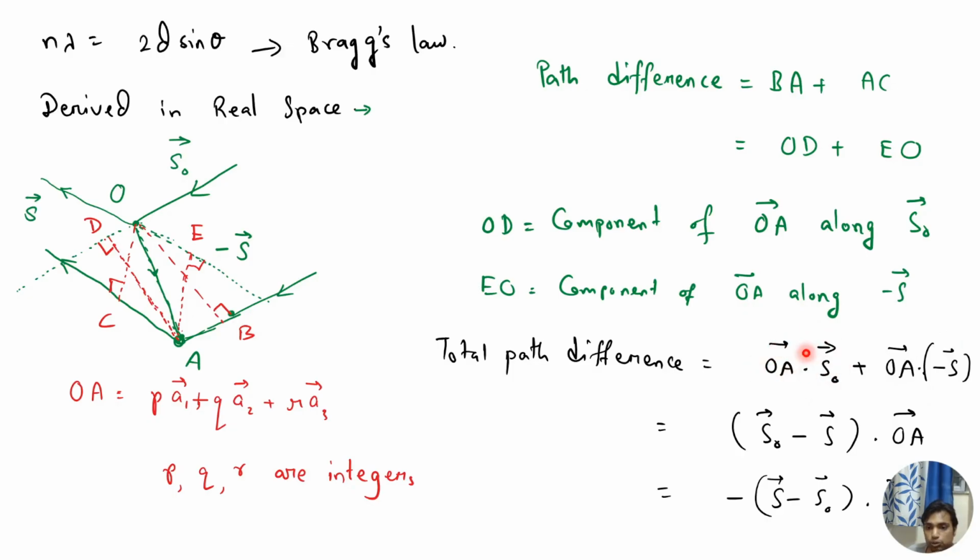If you take this OA vector common, what you have is S naught minus S. And if you just take this minus sign out, you have minus S vector minus S naught, just inverting the sign after taking this out.